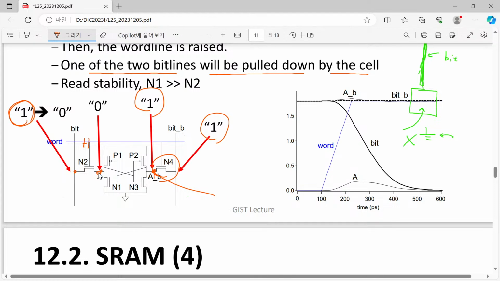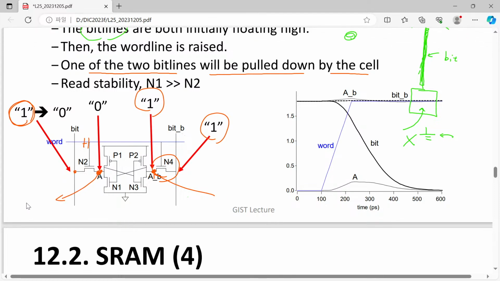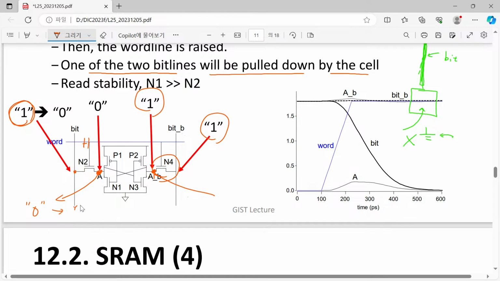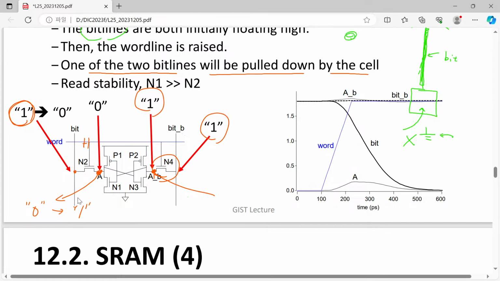However, do you hope to have a transition from 0 to 1 in this operation? Let's say you wanted to read this information. If A becomes just 1, then you are losing your stored information. That is a very undesirable case. So just keep this value as 0.